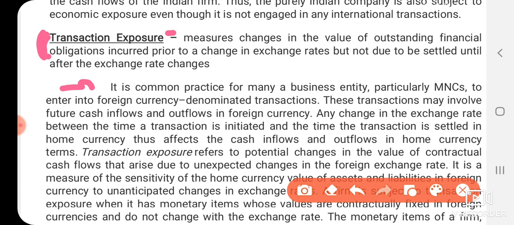Any change in the exchange rate between the time a transaction is initiated and the time the transaction is settled in home currency affects the cash inflows and cash outflows.